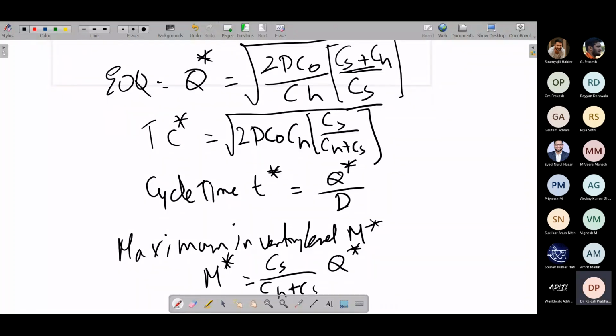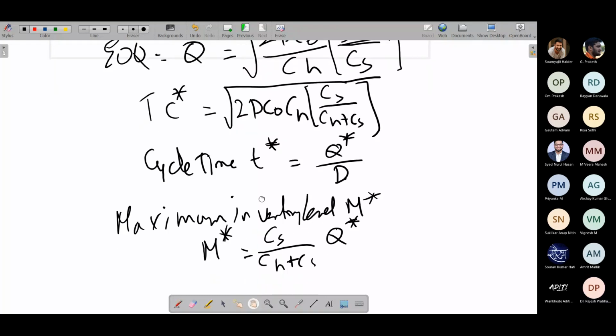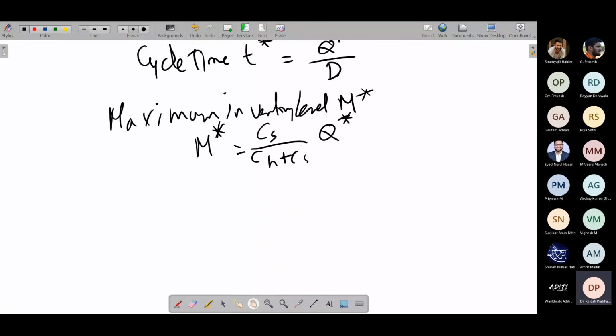All right, so this is the maximum inventory level M star. So let us look at the problem.